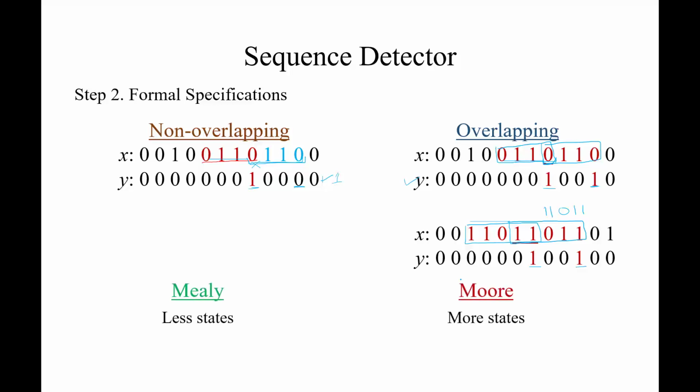The second important question is whether to come up with a Mealy type finite state machine or a Moore type finite state machine.